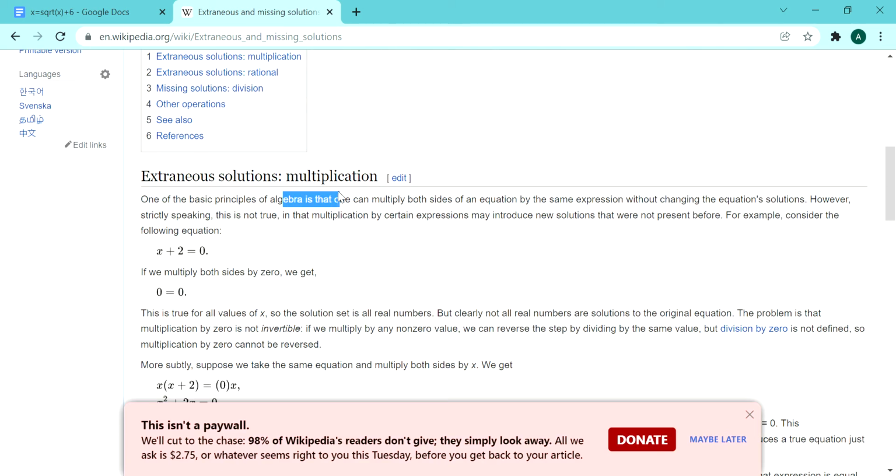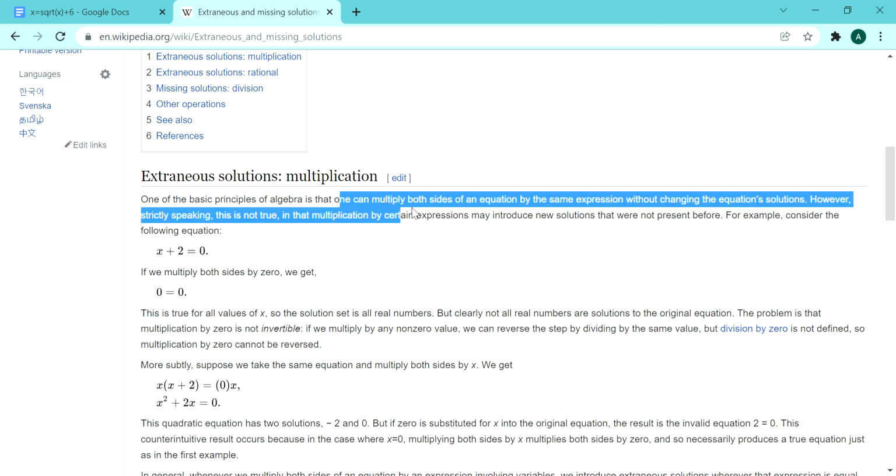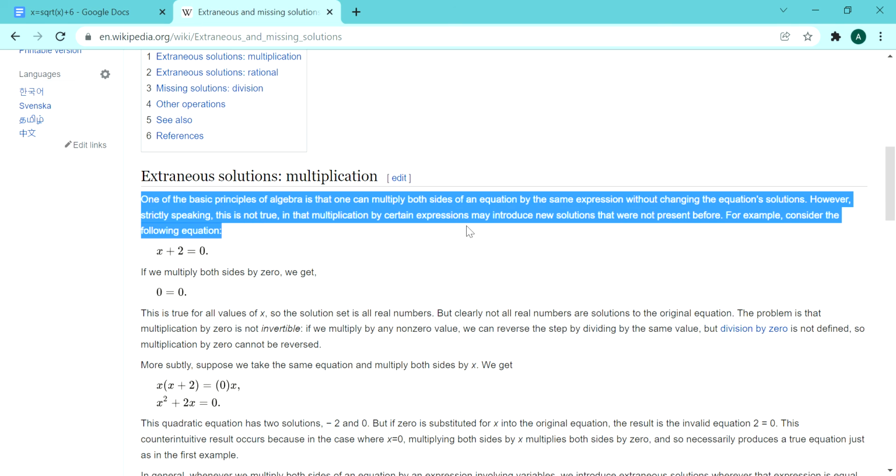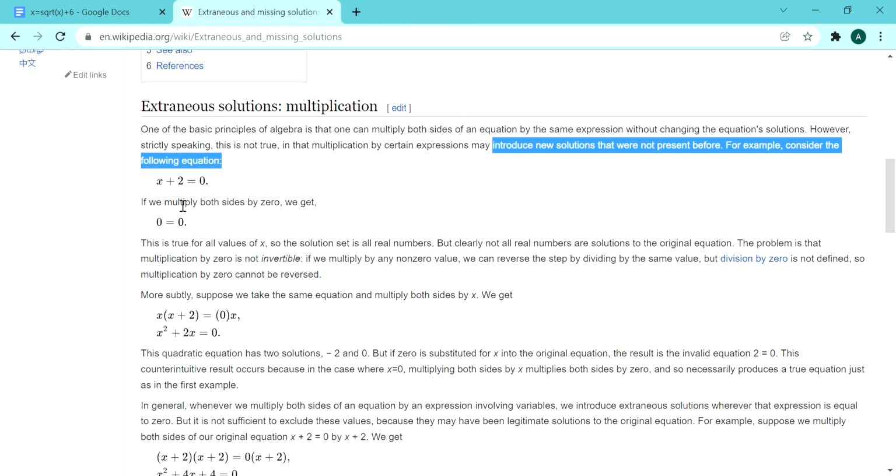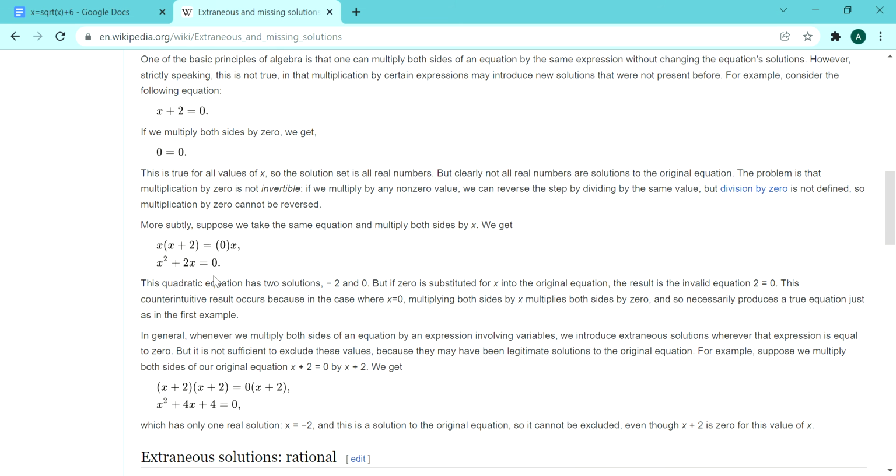So, it's about algebra, so you can multiply both sides without changing. It's not true. If we multiplied, so we can change x no matter what.